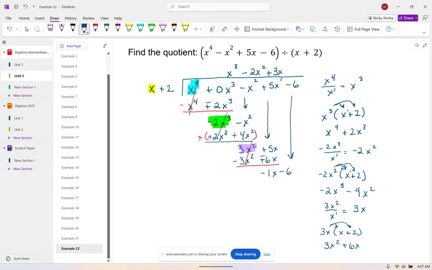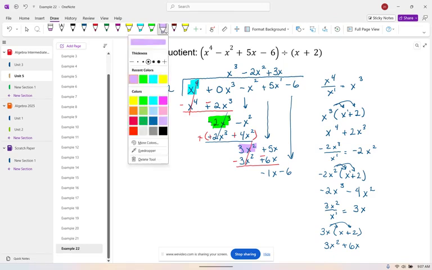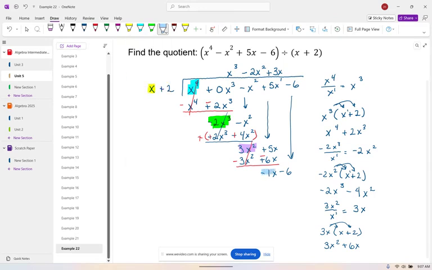Now we're going to look at this negative 1x. I'm going to go over here to the side. Negative 1x divided by x is equal to negative 1. The x's cancel each other out. So we'll have minus 1.